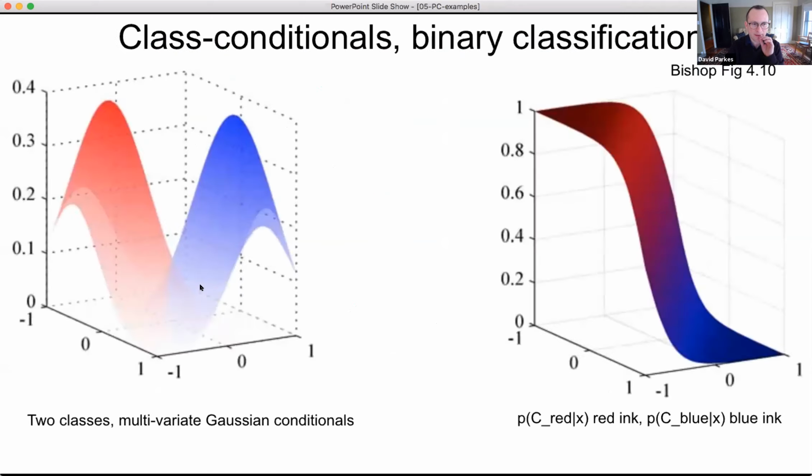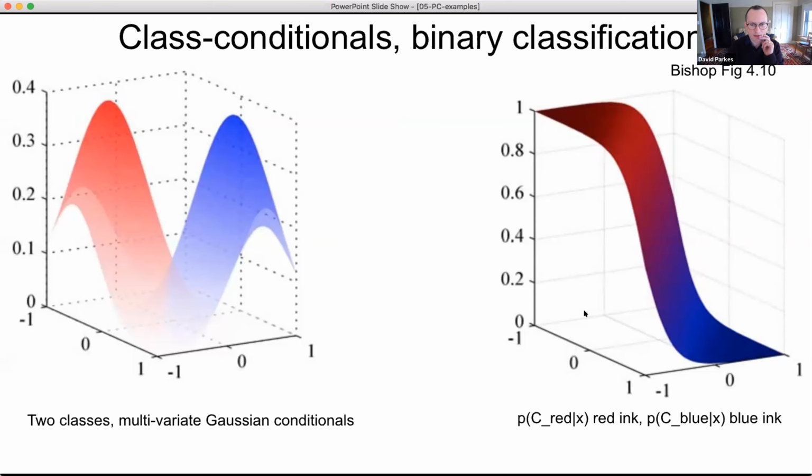And then in regard to the generative approach, here's a picture of two class conditional Gaussian distributions, the red distribution and the blue distribution.